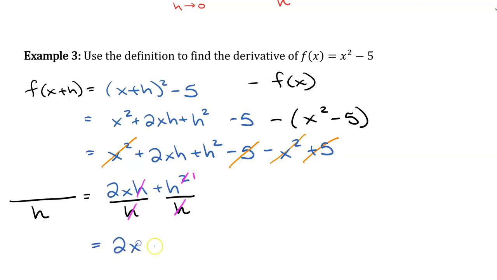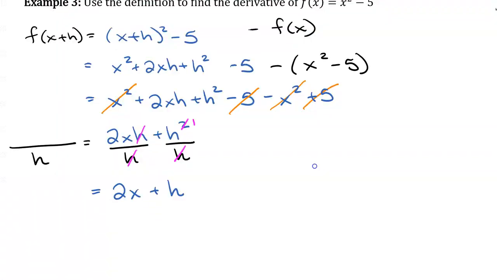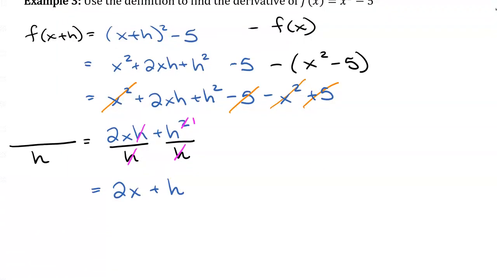So we have 2x plus h. And now we can apply the limit. So the limit as h approaches 0 of 2x plus h. We spent the entirety of last chapter learning how to do this just so that we could do the derivative part.